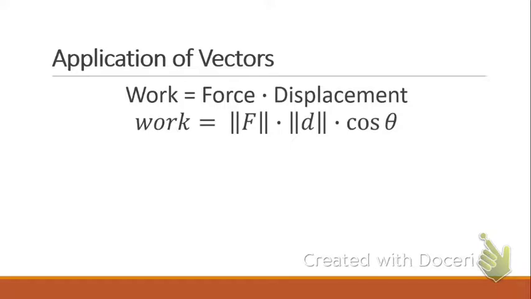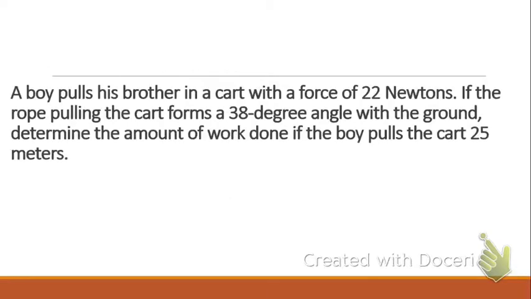The formula for work says work equals force times your displacement, force times distance times the cosine of your angle. So go ahead and read that first question on page 11 and see if you can figure out that we're looking for 3 numbers. So work equals, let me write it up here again.